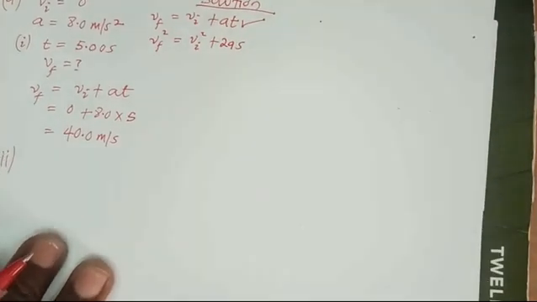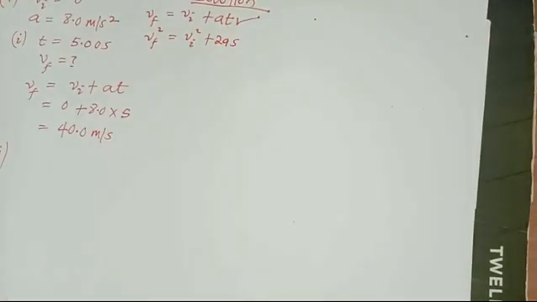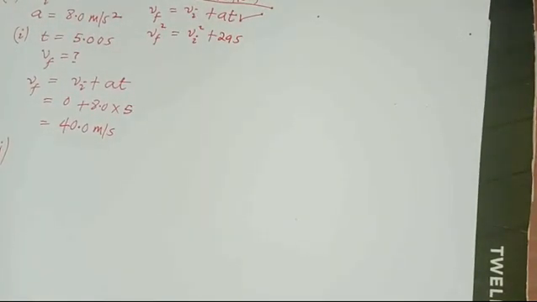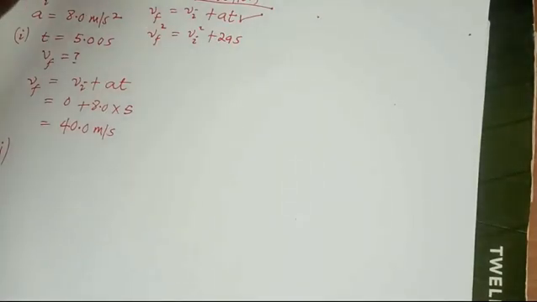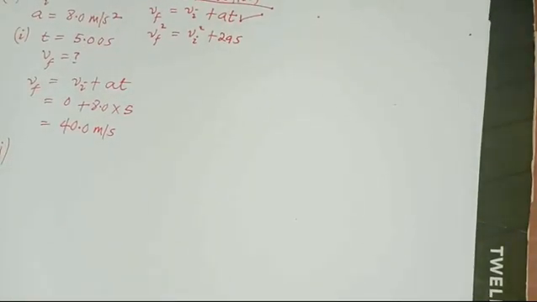Now Roman number 2 says, what should we find? The average speed. If you know the initial speed, from 0 to 40, the speed has not just spontaneously changed from 0 to 40. Definitely it changed from 0 to 1, and at some point is 2 meters per second, 3 meters per second, and on until it gets to 40.